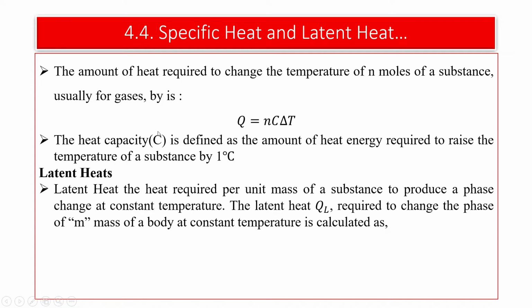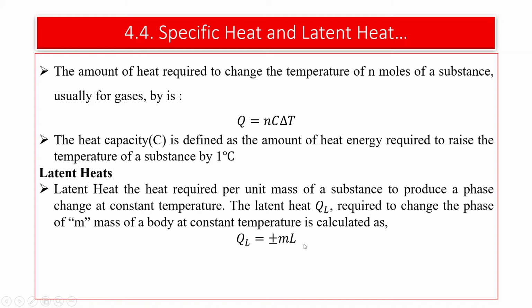So latent heat, QL, is required to change the phase of mass m of a body at constant temperature, and it can be calculated as QL equals plus or minus mL. If it is latent heat of fusion, we use Lf. If it is latent heat of vaporization, we use Lv. L is a specific latent heat required to change the phase of 1 kilogram of a substance at constant temperature.